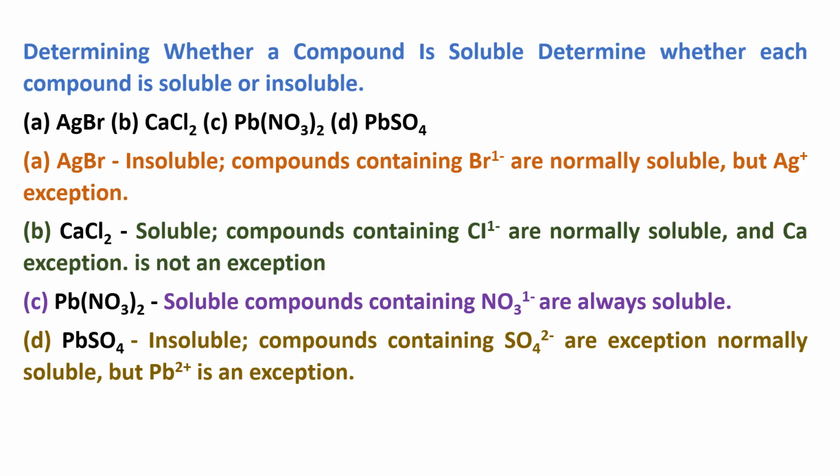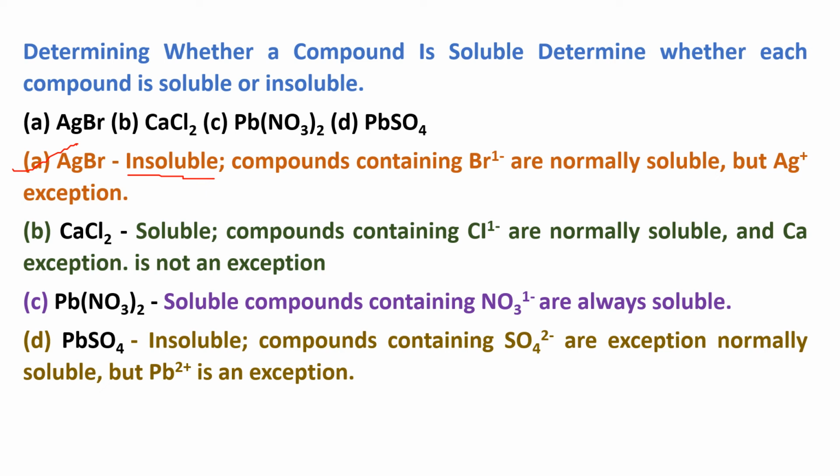So this is about solubility. I'll give you some examples. Determine whether a compound is soluble or not. Suppose you take, for example, AgCl. AgCl is insoluble. Based on our solubility rules, you have to answer these questions.